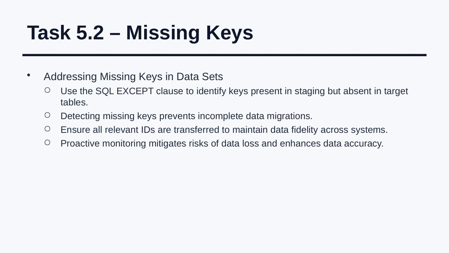For example, if some customer IDs are present in the staging table but don't make it to the target, any downstream reporting relying on those customers would be inaccurate. By ensuring all relevant IDs are successfully transferred, you maintain data fidelity and support consistent, reliable insights across systems.